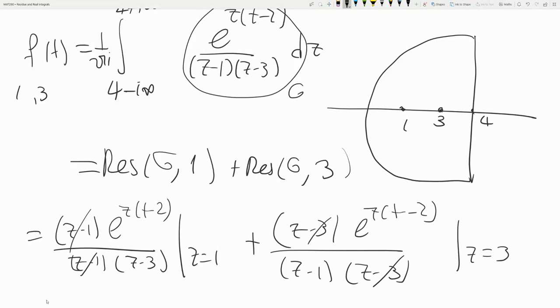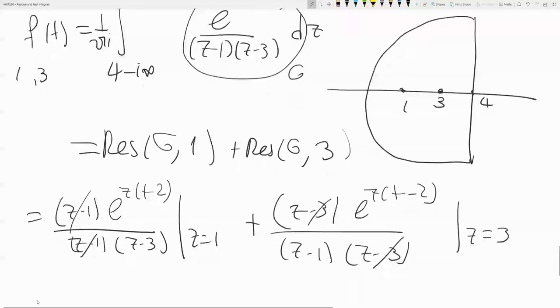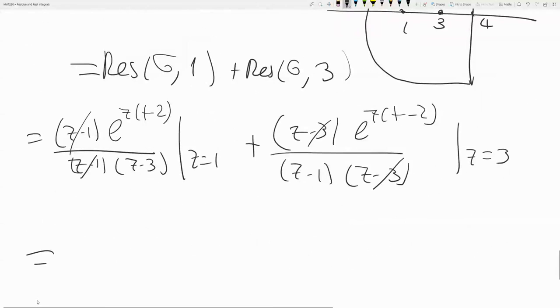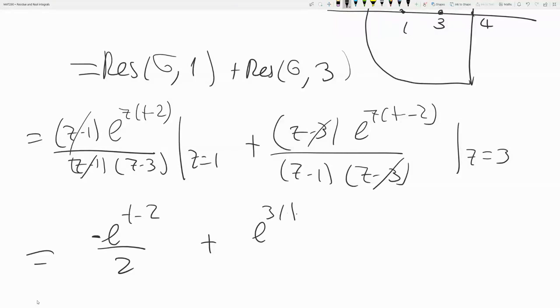Let me just write the final answer: you get e to the (t minus 2) with a minus half, and e to the 3(t minus 2) with a half.